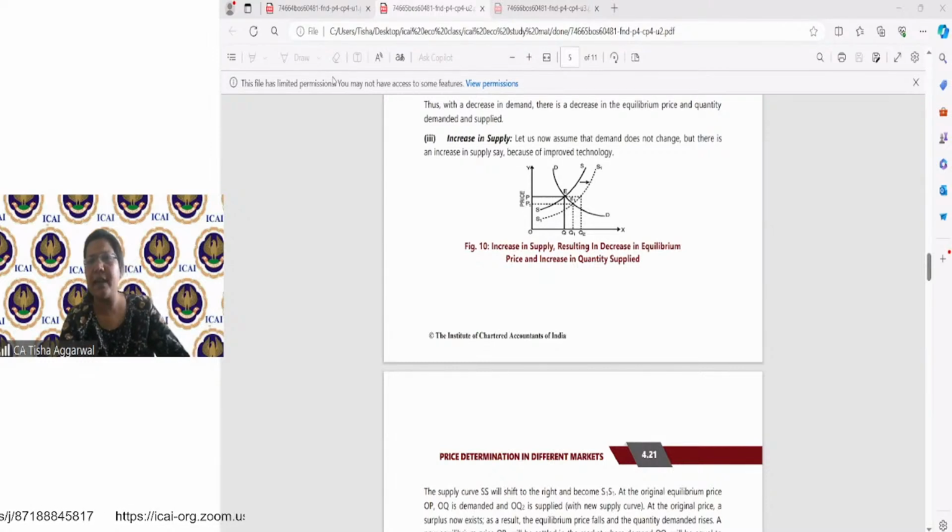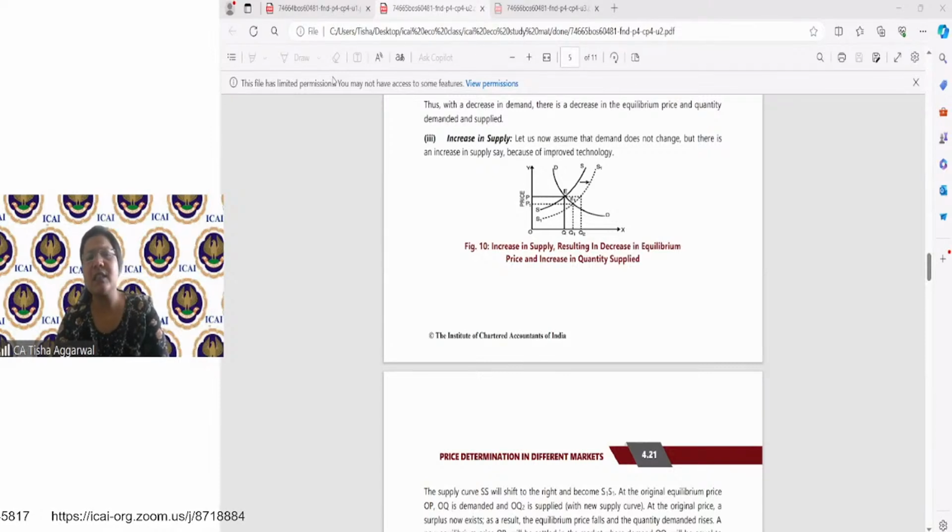Increase in supply. Anybody else other than Yukta? Yukta has replied. Anybody else? Come on. See, the class should not be only one way, no? Give me the net final thing. Okay.